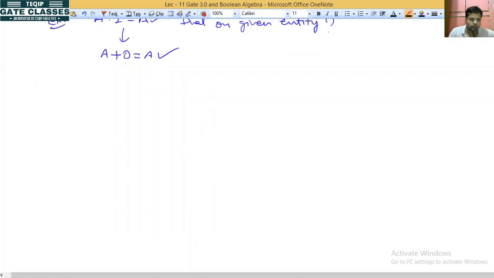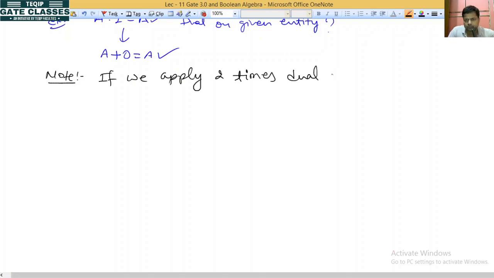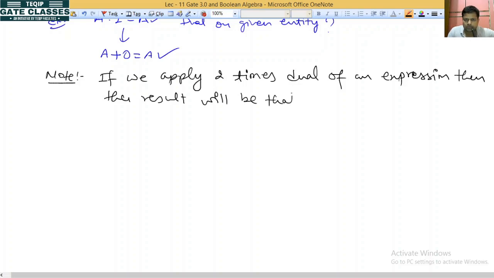Now one note is there: if we apply dual 2 times on an expression, then the result will be that original expression itself before dual.